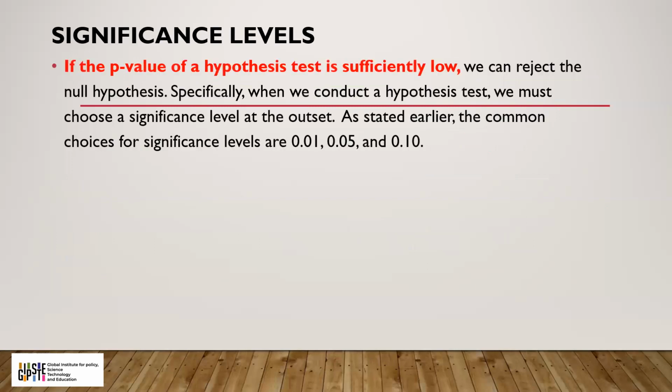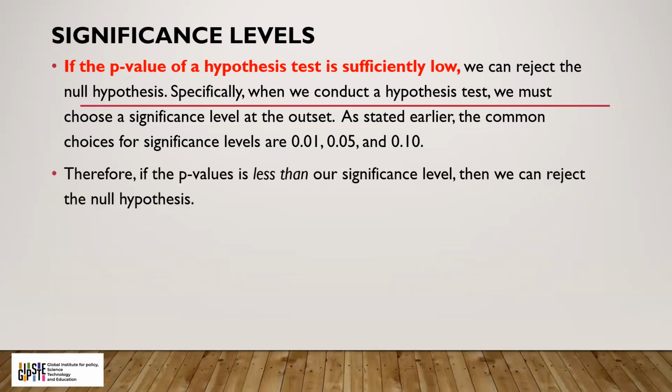If the p-value of a hypothesis test is sufficiently low, then we can reject the null hypothesis. When we conduct a hypothesis test, you must choose a significant level at the outset. As stated earlier, the common choices are 0.01, that is 1%, 0.05, that is 5%, and 0.10, that is 10% significant levels or alpha levels.